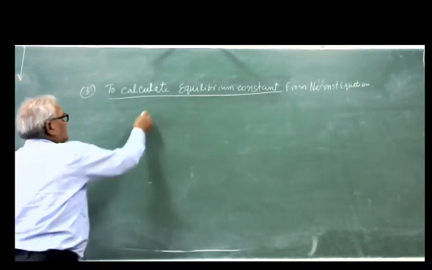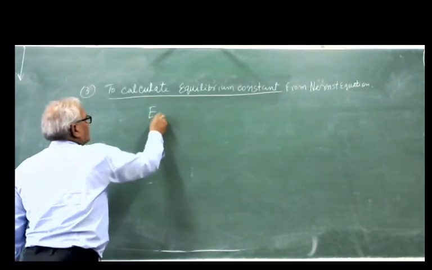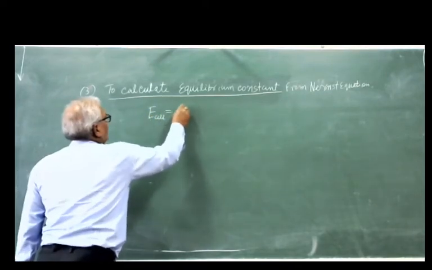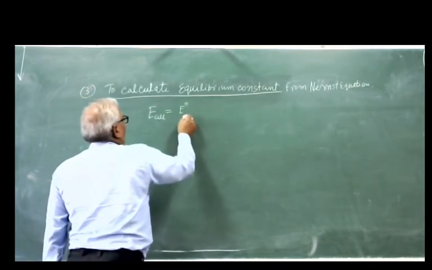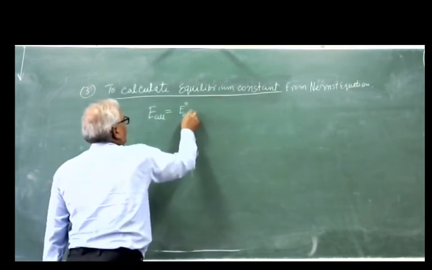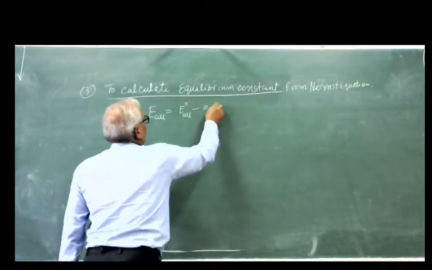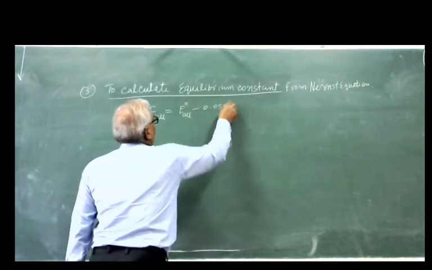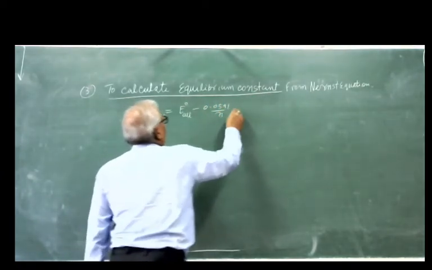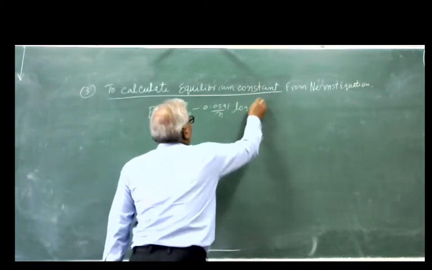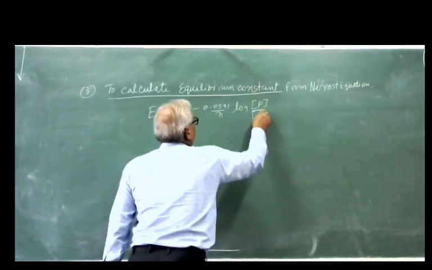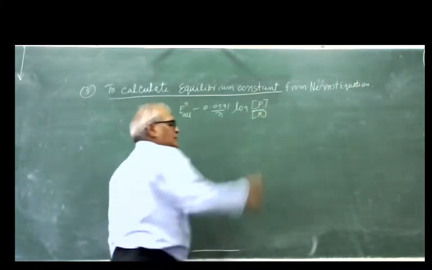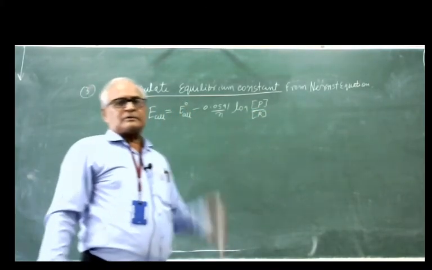Just see here, this is the Nernst equation. It is E0 cell minus 0.0591 upon n log concentration of product upon concentration of the reactant, like this. This is the Nernst equation.